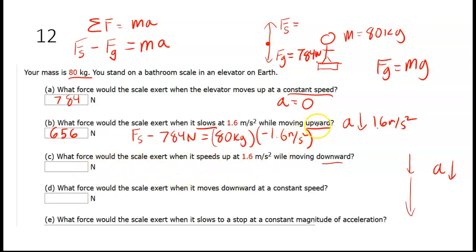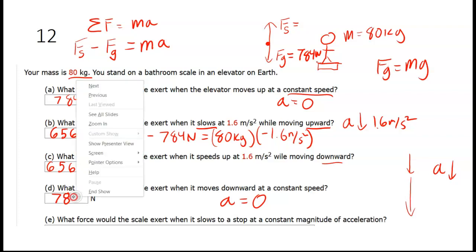So that means our acceleration is the same as in section B, and we would expect the same result. Whether you're at a constant speed upward or a constant speed downward, constant speed corresponds to an acceleration of 0, which would be the same as part A.